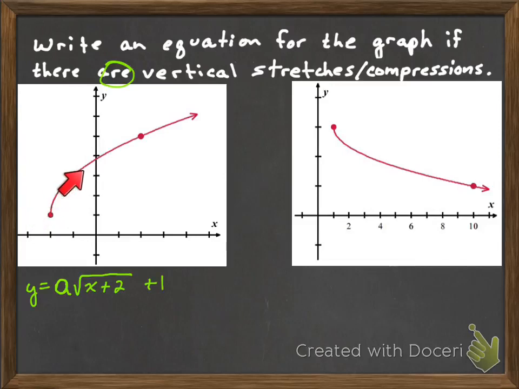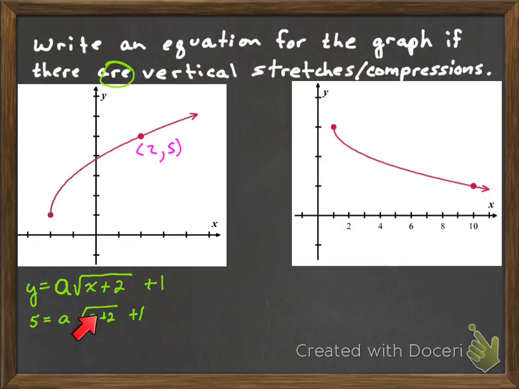So let's use this point that's given to us up here on the graph, because that's going to intersect exactly, and that is the point 2, 5. So we will insert 5 as our y value and 2 as the x value.